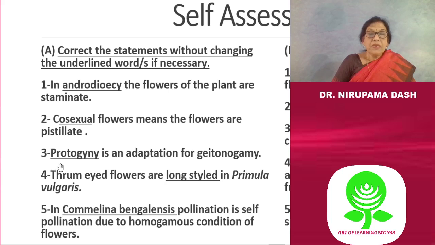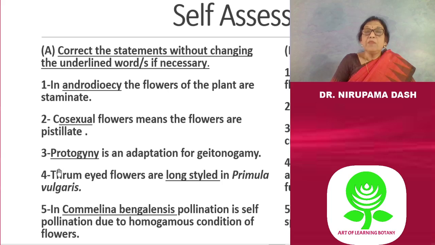Protogyny is a condition for geitonogamy. Protogyny is an adaptation for cross-pollination, allogamy or xenogamy. Then fourth question: thrum flowers are long-styled in Primula vulgaris.